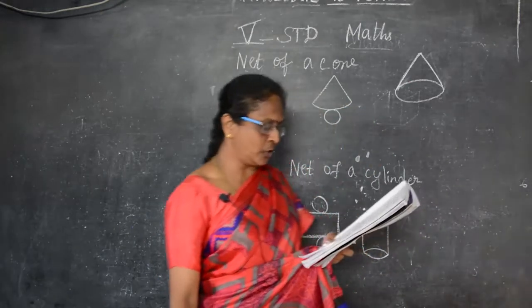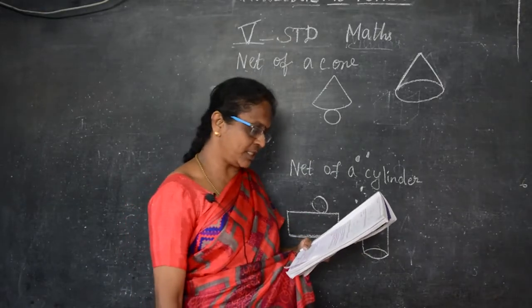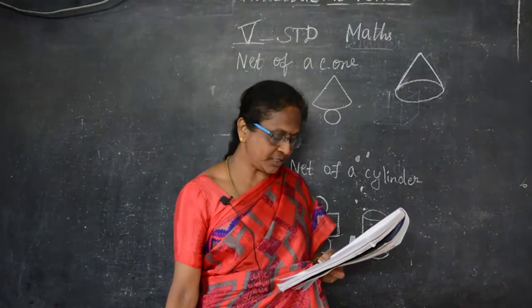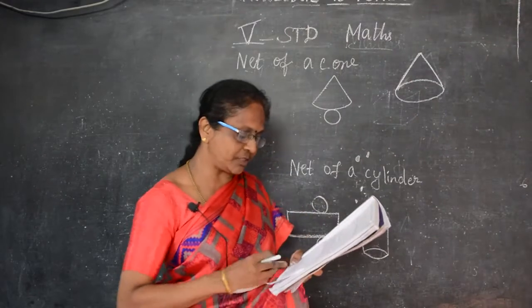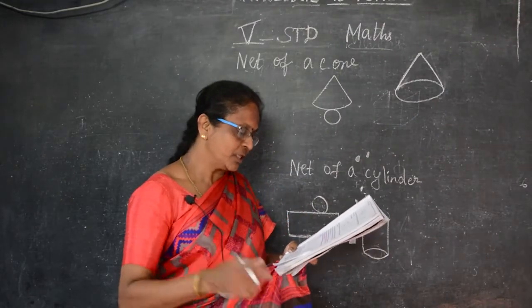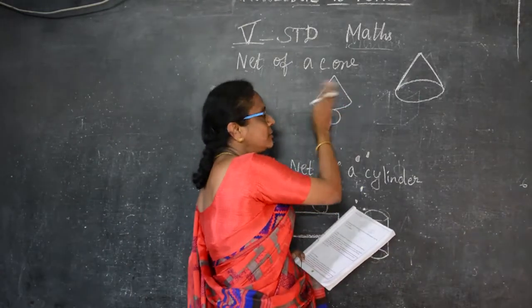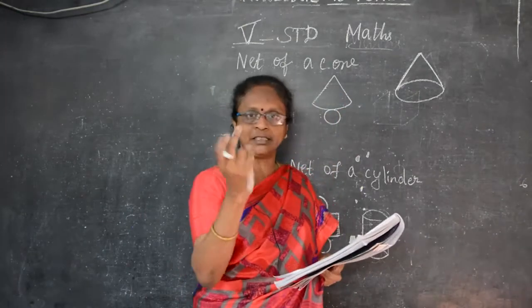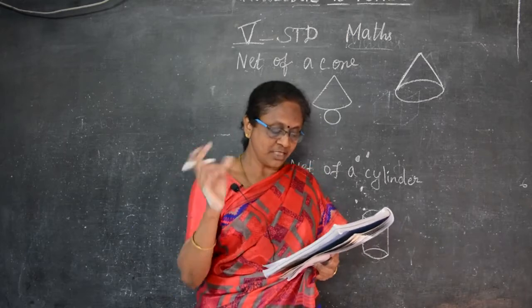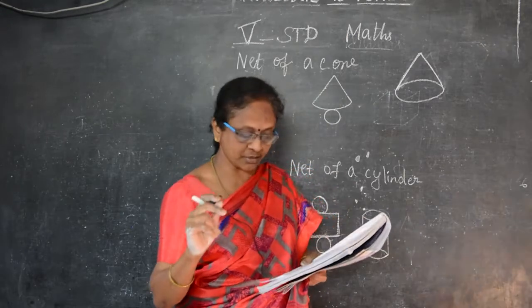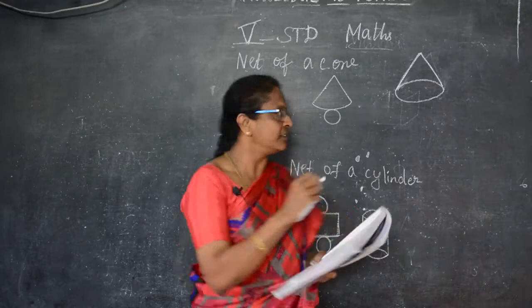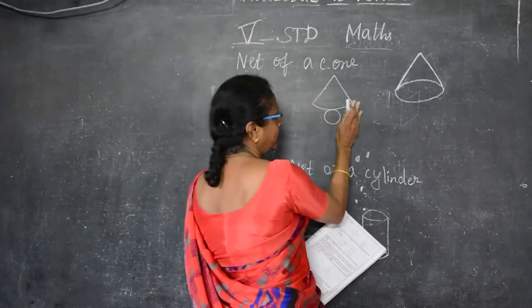So join both the portions of a circle in such a way that the arc of the circle falls on the boundary of the circle attached to the bottom. So if we join the portion of a circle like this, if we turn the cone like this, then below you can see the arc of a circle. So we can join this end and this end.